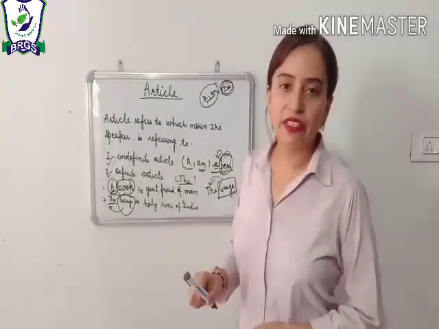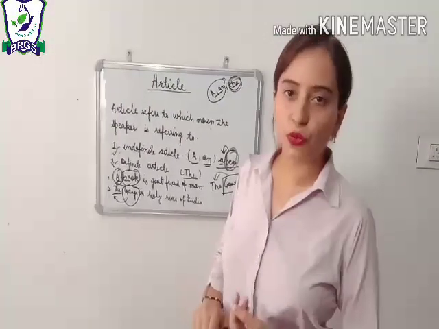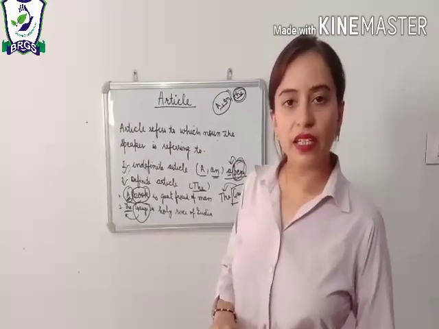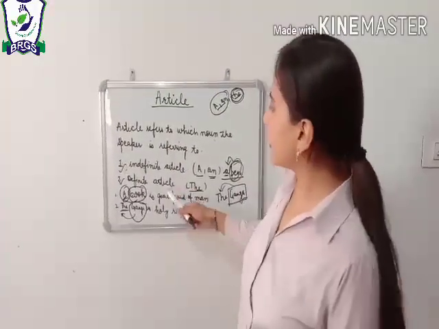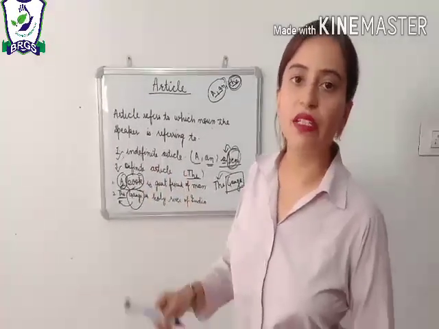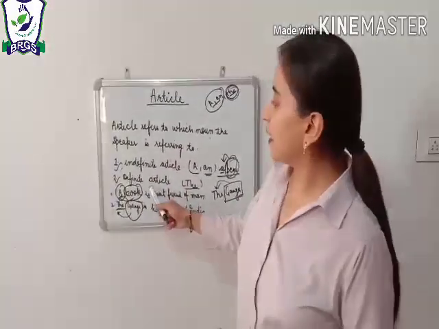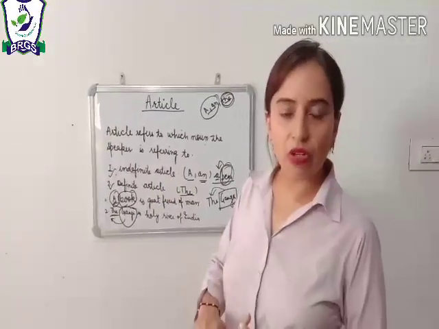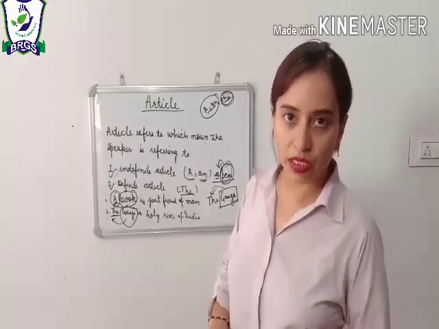And this definite article the is used with countable and uncountable, singular and plural. Whereas the indefinite articles a and an are used with countable singular nouns, and the definite article the is used with countable, uncountable, singular and plural nouns.